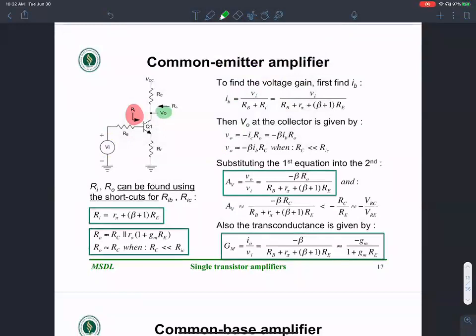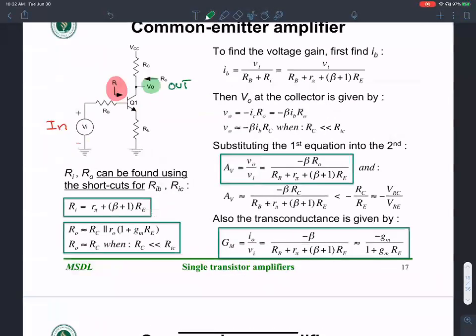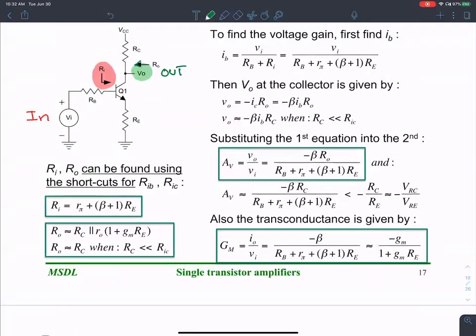So this guy is input and this guy is output. Now, how do you find the gain? Notice that the output resistance, R output, is the resistance looking into the RIC in parallel with external resistance RC. So far, we have not taken RC into account.